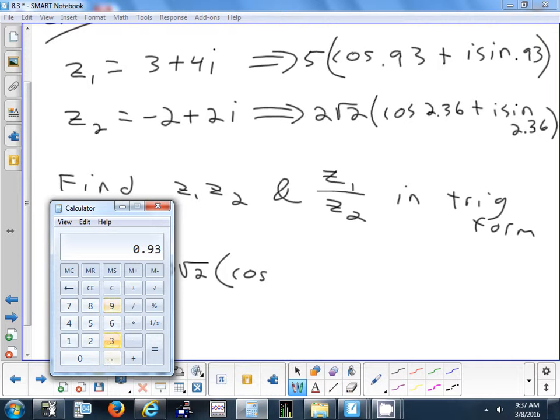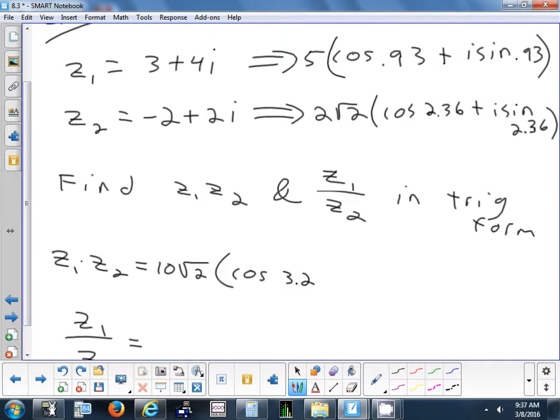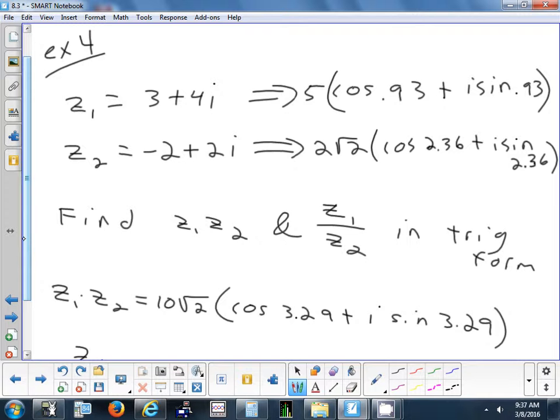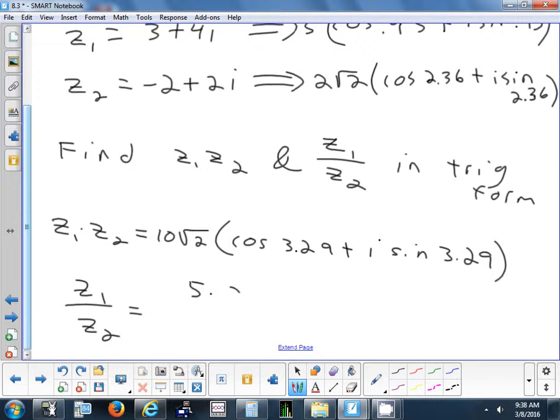So 0.93 plus 2.36, and we're done. 3.29 radians. Any questions on that? 10 square root of 2, 5 times 2 gives me 10, and then square root of 2. It's kind of like if you had 5 times 2 with something attached. You just multiply what's in front and put after what was attached. So the root 2 was attached.